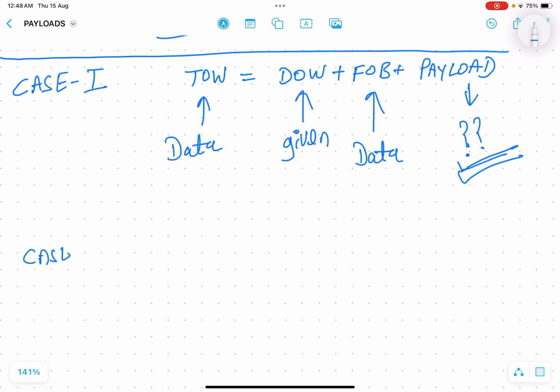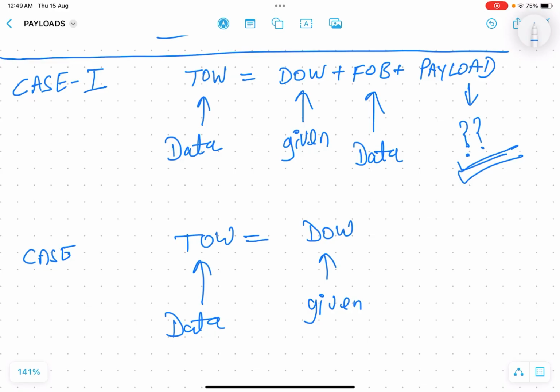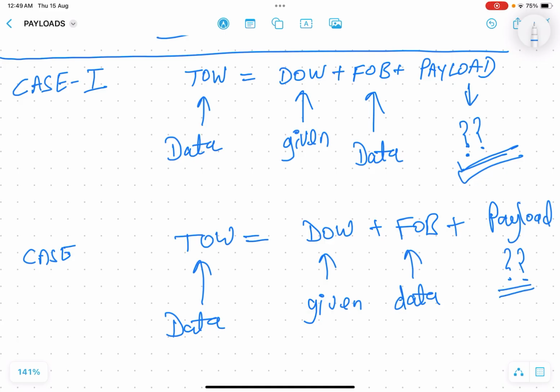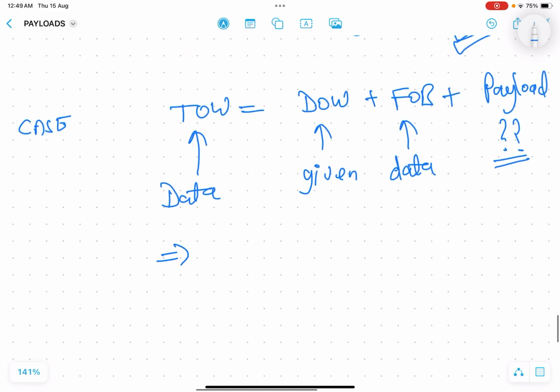Case 2 is you will again calculate takeoff mass from the data, dry operating weight will be given, fuel on board will also be calculated from given data, and payload will be calculated as the answer. And then the second part will say you have to calculate extra fuel with the same payload.